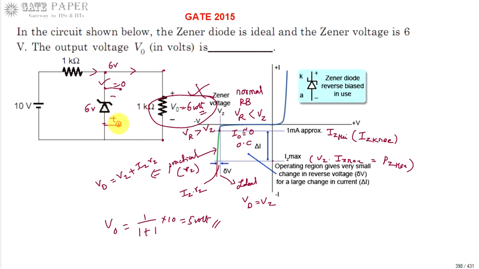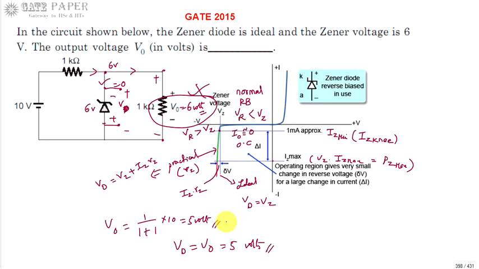Whenever it acts as an open circuit, the diode voltage Vd is approximately equal to the output voltage because both are in parallel. So Vd is equal to V0, and V0 is 5 volts.